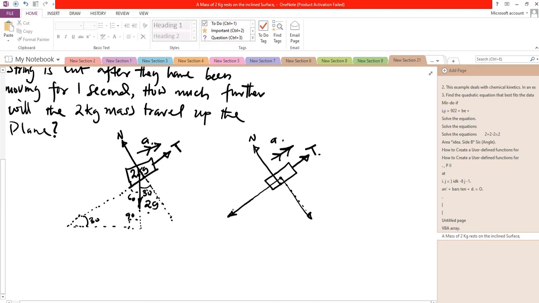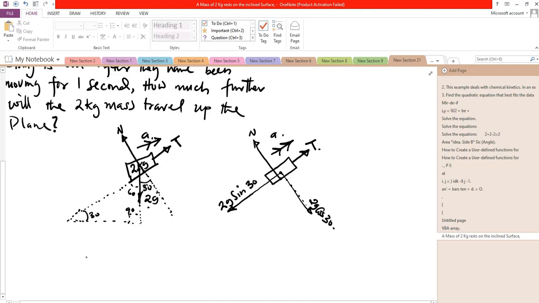Now this one is along the plane, so with here being 30, along the plane will be 2g sine 30. Then this one perpendicular to the plane will be 2g cos 30.